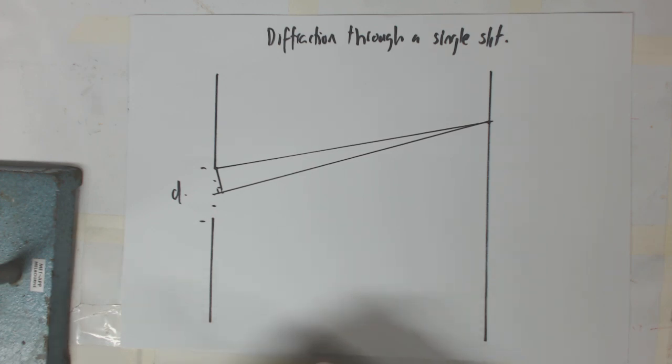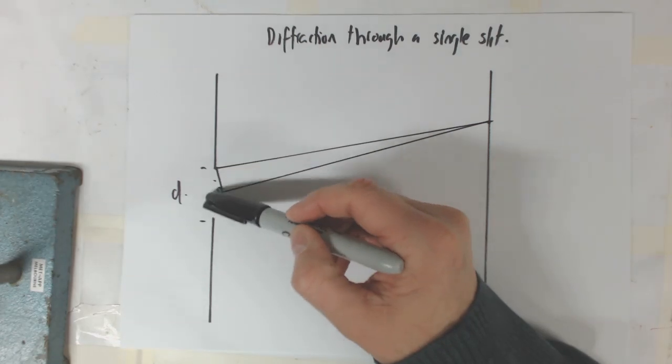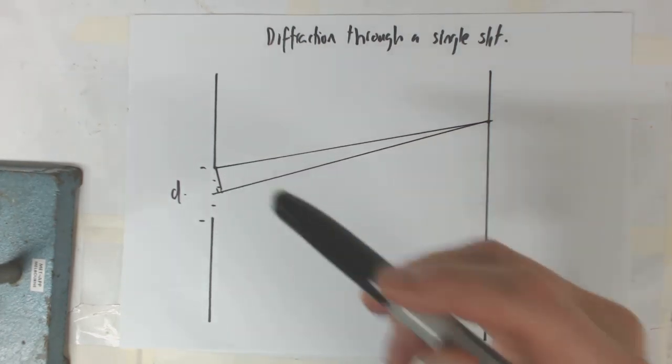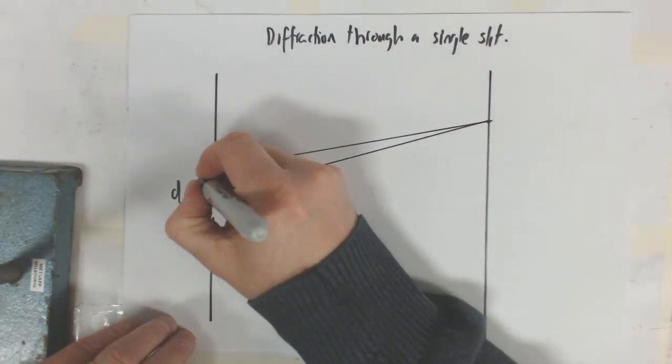And we're going to try and work out mathematically what happens with this. Now, we've got the same setup we had with two slits, and we can split this slit into 4 zones. So each of these would be d over 4.